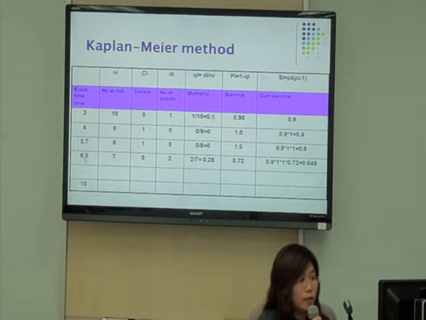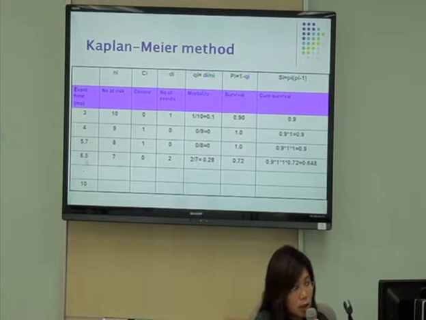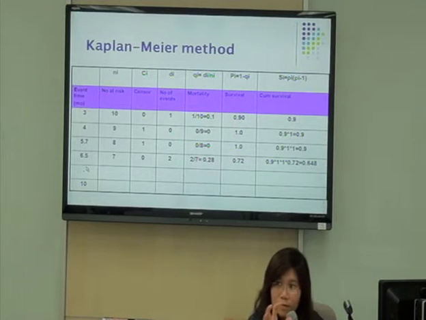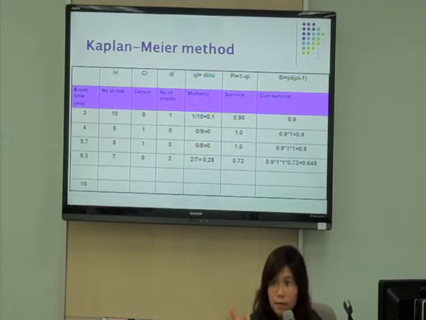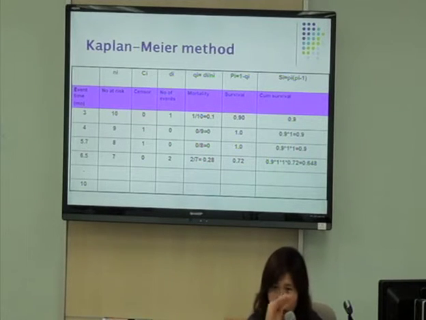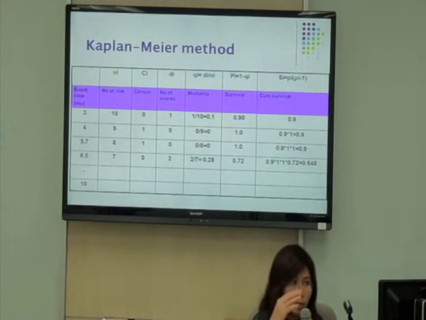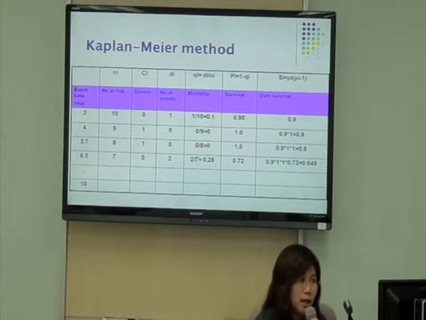And the fourth event occurred at 6.5 because now we have an event also. So the event times here are not regular. They depend on the real happening of the event and also censoring. Every time there is a dynamic change, they will calculate the survival probability. That's the first thing that is different in the concept.